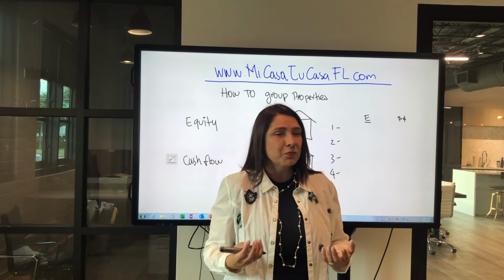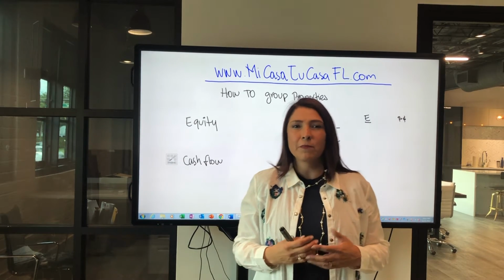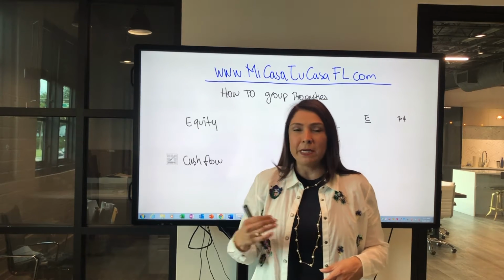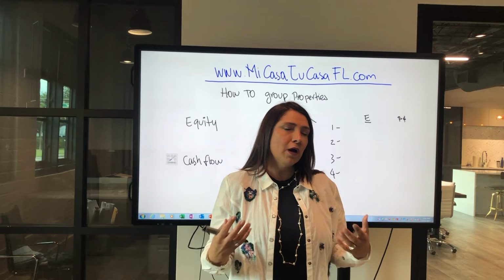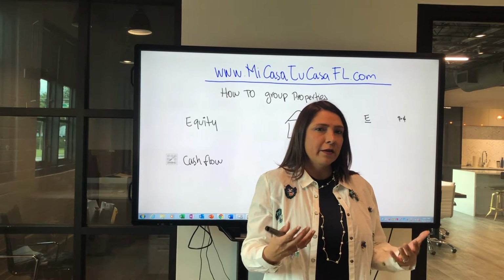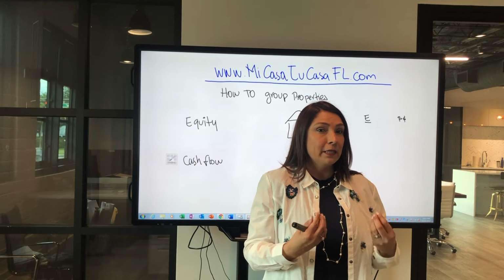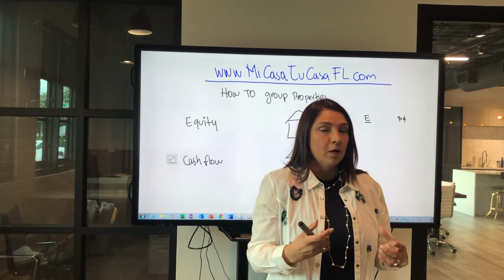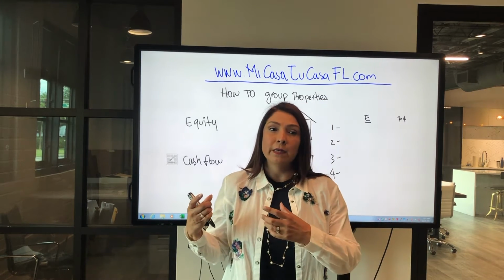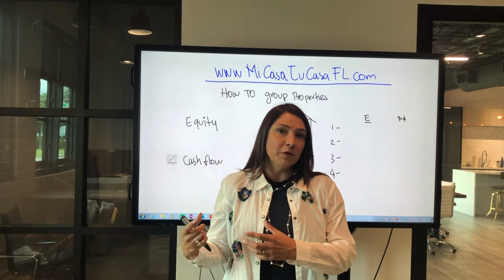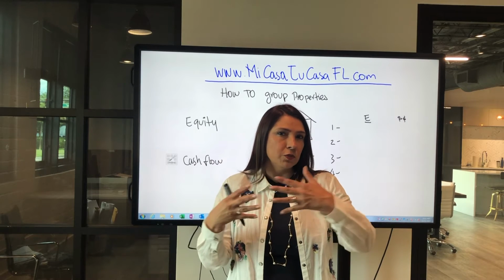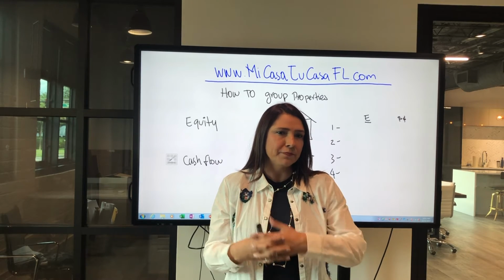Now, it also depends on what kind of property you have, whether in neighborhoods A, B, or C. If you have properties in nice neighborhoods with good equity, you probably want to group them. Or if you have properties in neighborhoods with more cash flow, it also depends on whether you want to mix them, and we will see that in a moment.